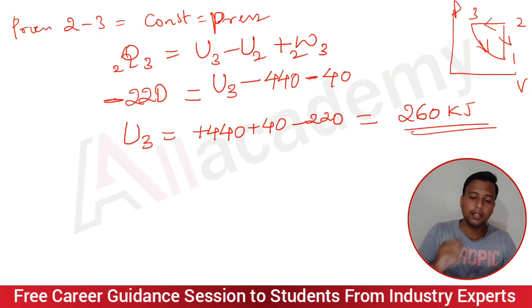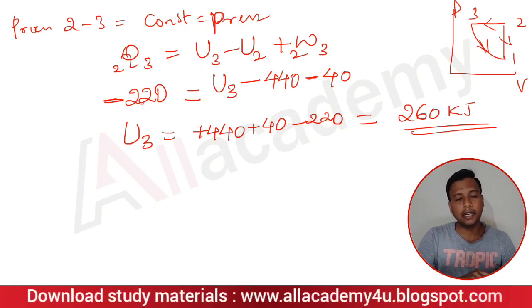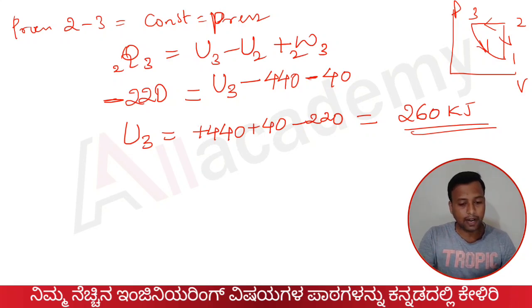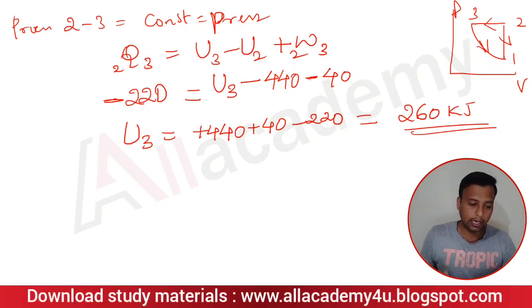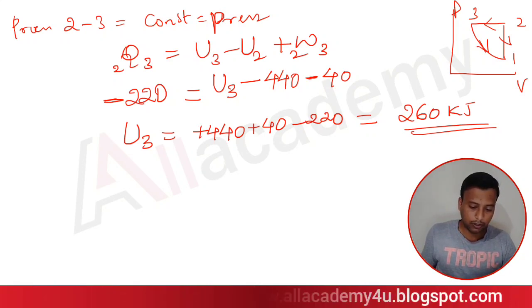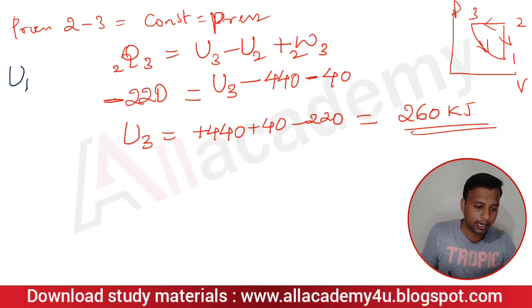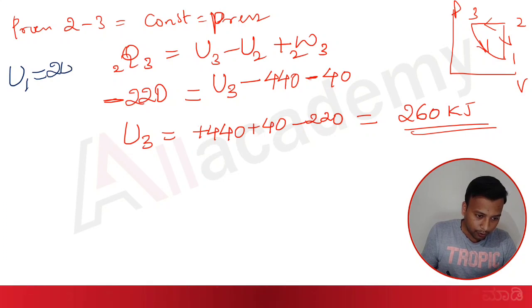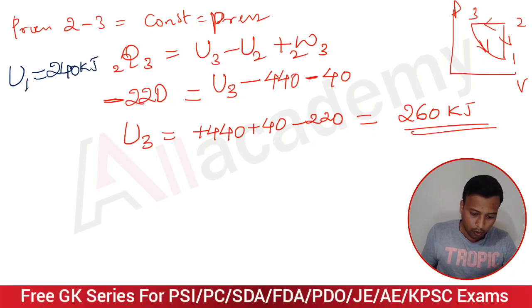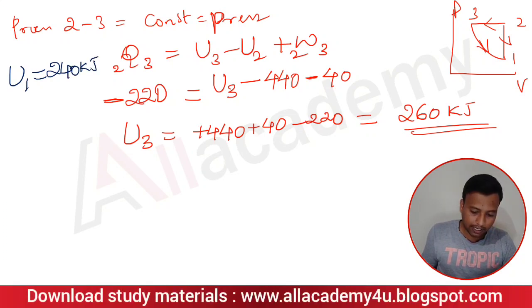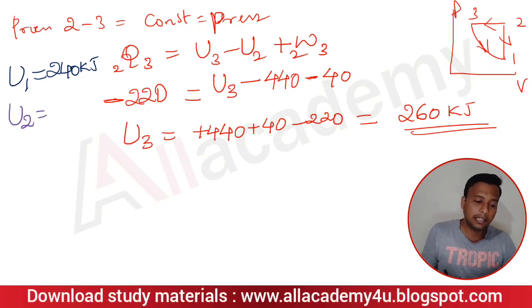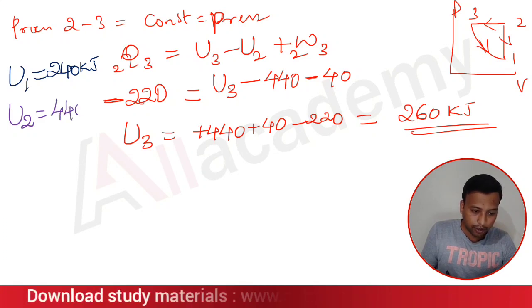Now this is the U3 value, the internal energy at 3. So now we have identified the unknown internal energies. U1 is already given in the problem statement, that is 240 kilojoules. The identified U2, the internal energy at condition 2, is 440 kilojoules.